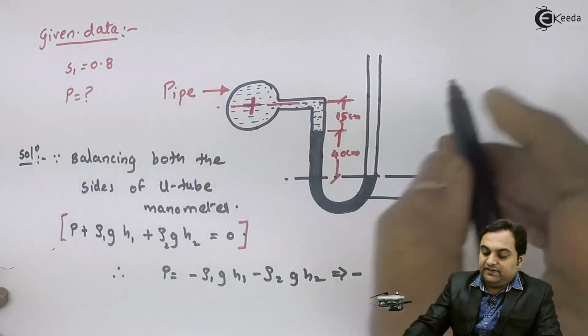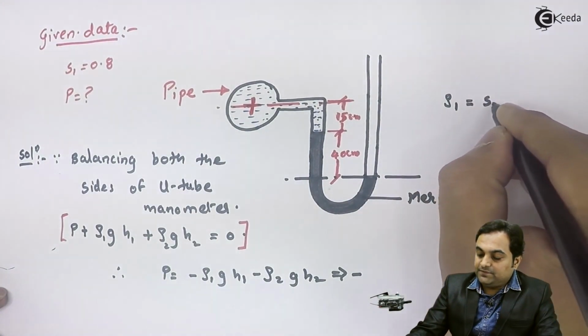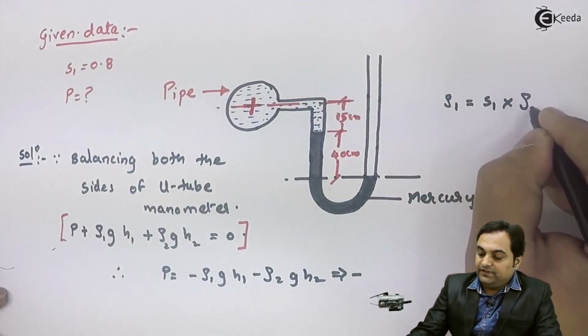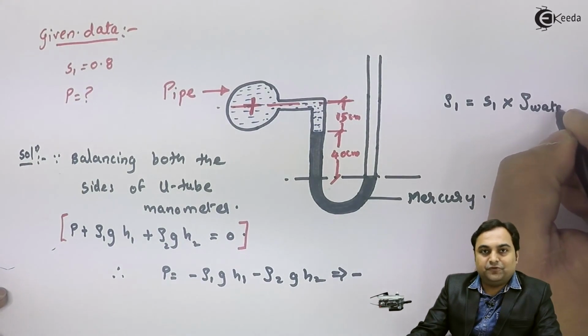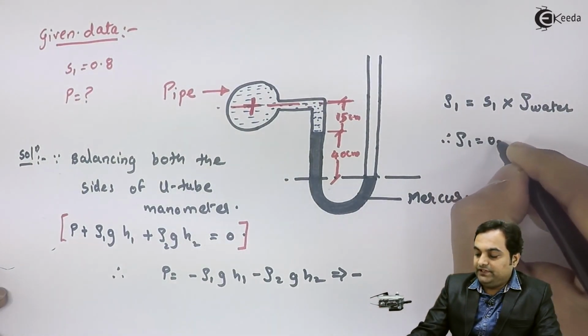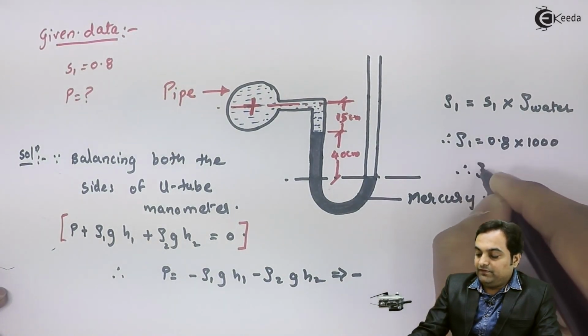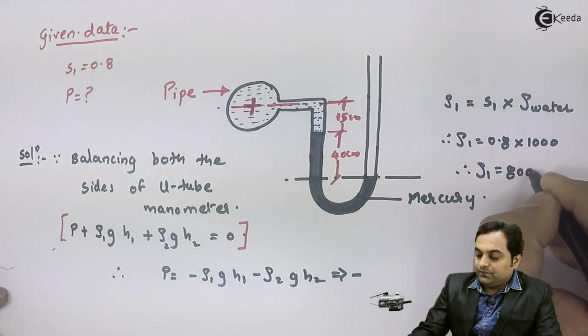Since its specific gravity is given, I can calculate the density: specific gravity into the density of standard fluid, which is water. So rho 1 is equal to 0.8 into 1000, and I'm getting rho 1 as 800 kg per meter cube.